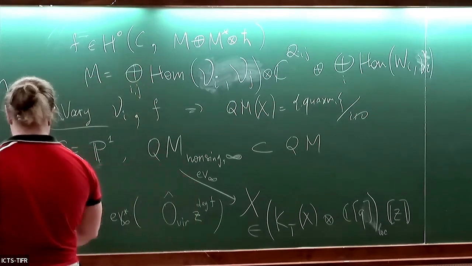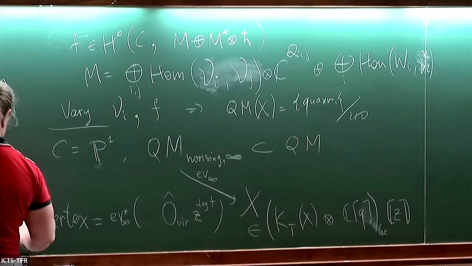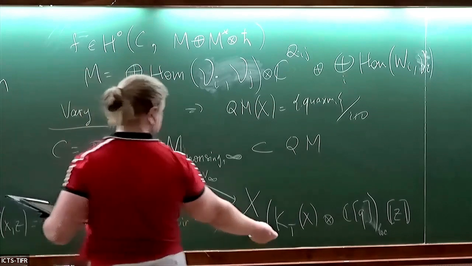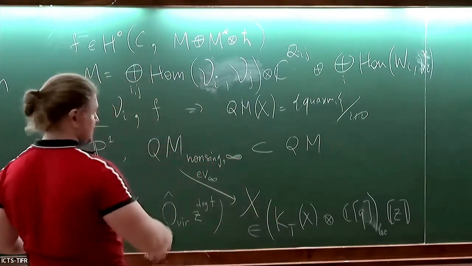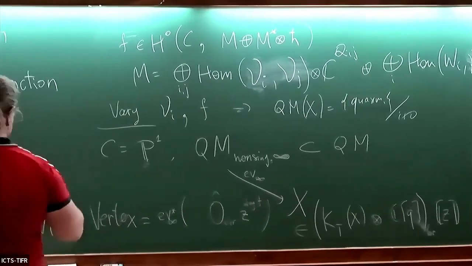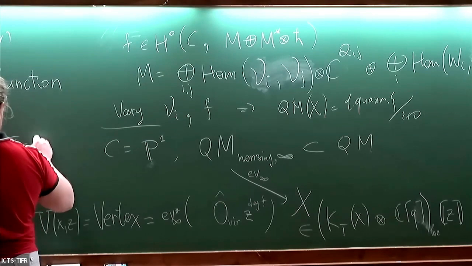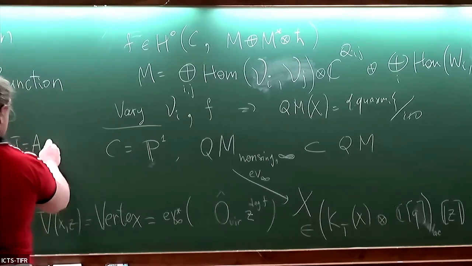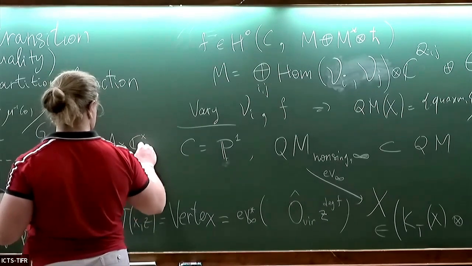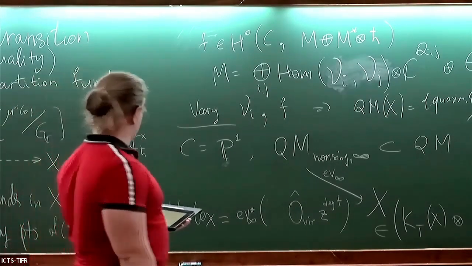So I'm going to call it just V, V of x and z, where x's are equivariant parameters for this torus T. Remember that the torus T acts on X. So T was this A, which preserves the symplectic form, plus an additional C star, which scales the symplectic form.